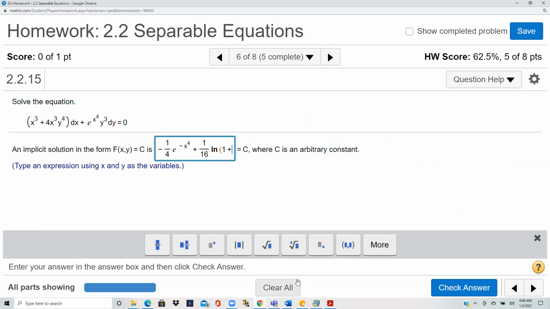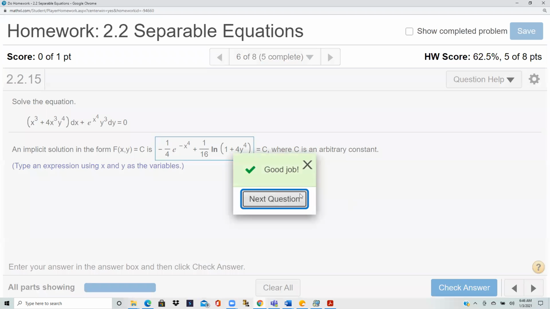Now since 1 plus 4y^4 is already positive because of even powers and addition signs, here I can also write a parenthesis instead of absolute value. Okay, so we'll do the remaining problems in the next segment.